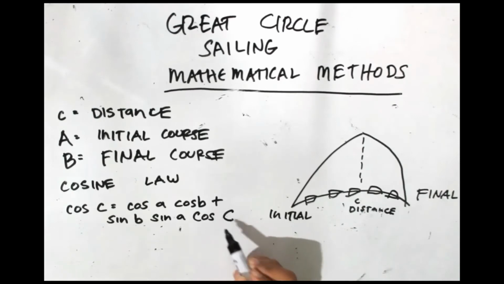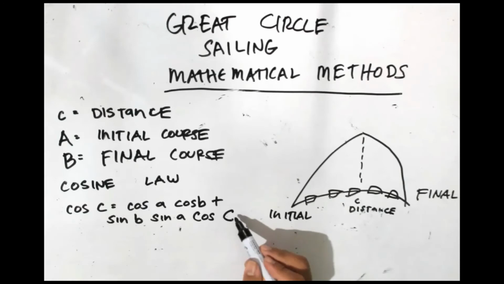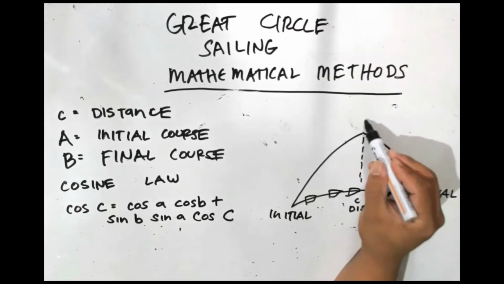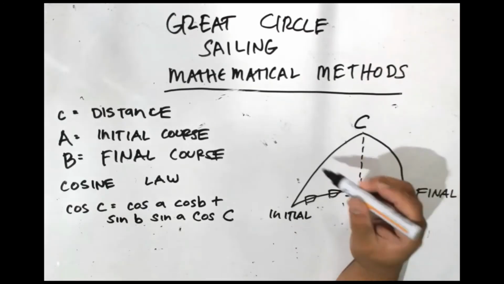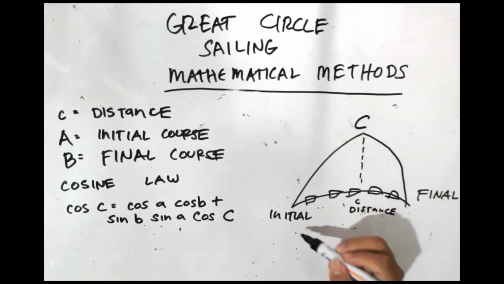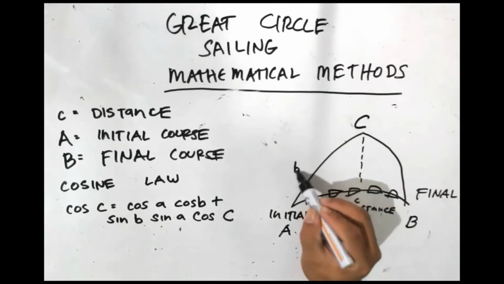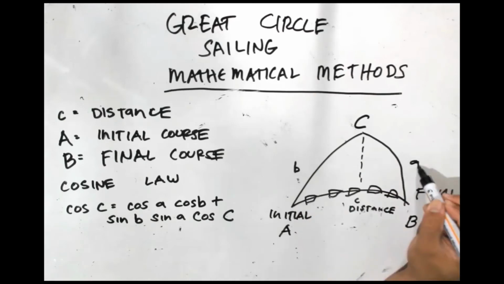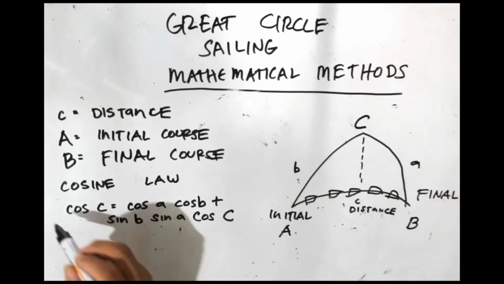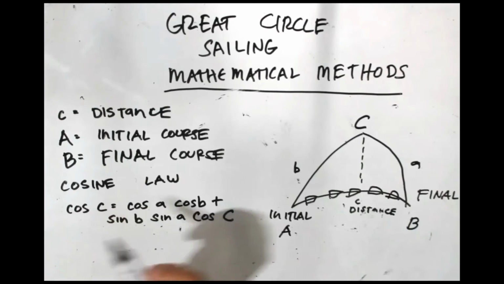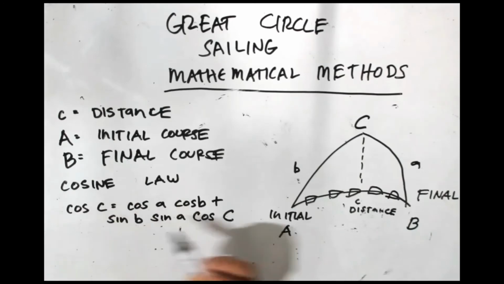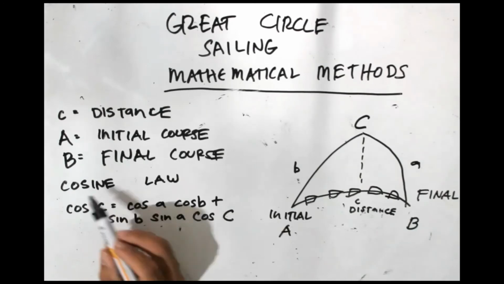Okay? So, yung cosine C natin will be your DLO. Okay, yung malaki. And yung ito yung A natin, B. Okay, B. And BA. Yan. So, this will be the formula for solving for the C or yung distance.